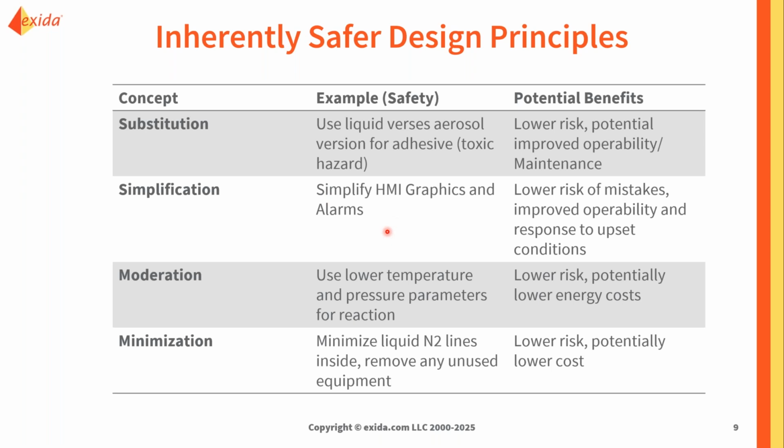On the simplification side, a common one that we see is improving HMI graphics and improving the amount of alarms that go to operators to avoid alarm floods by going through that rationalization process.